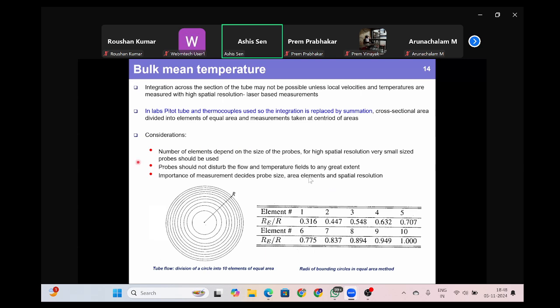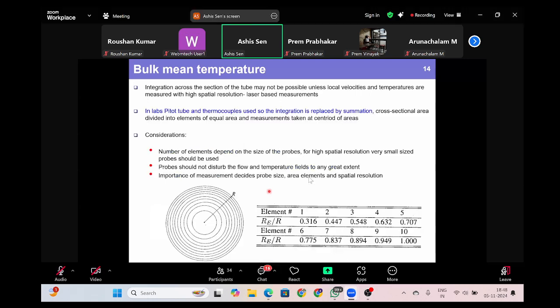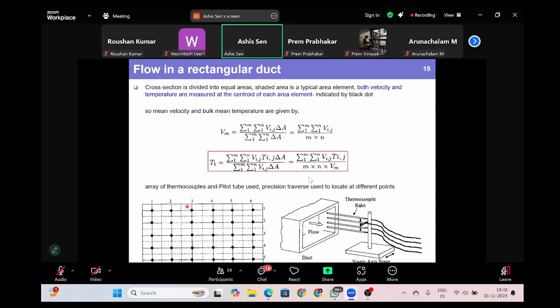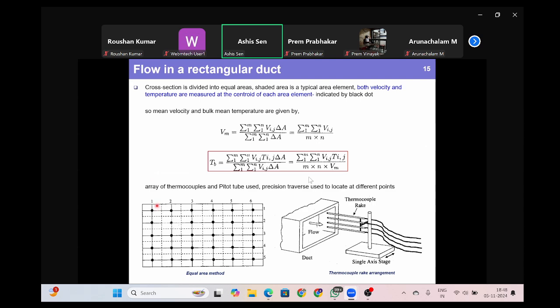Not necessarily it has to be a circular tube. It may be a tube of rectangular cross section also. In that case, you divide the entire area into grids. So this dotted line is dividing this entire area into, so here you have 1, 2, 3, 4, 5, 6.